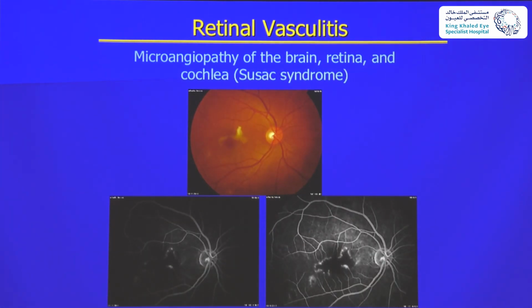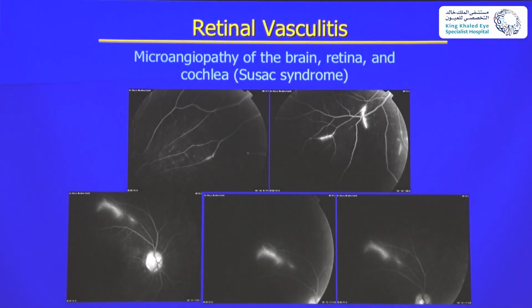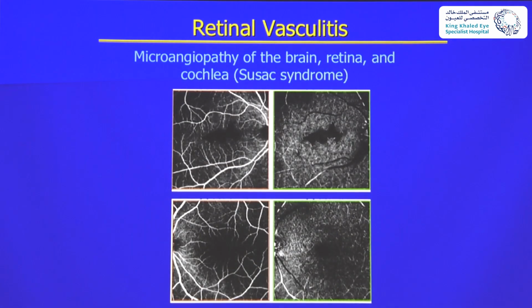And another patient, a young female, with infarctions and cotton wool spots, and if you do fluorescein, this is in the macula, you see the occluded arterioles are leaking. So another patient with SAC: cotton wool spots, and then fluorescein angiography will show occlusion of the arterioles, and the occluded arterioles are leaking.